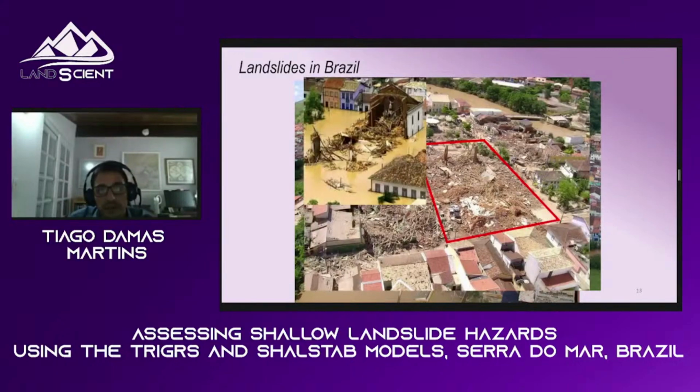Here you can see what's left from the church that collapsed in early 2010. And another part here was the municipal market, but the municipal market did not collapse, but all the town was underwater.